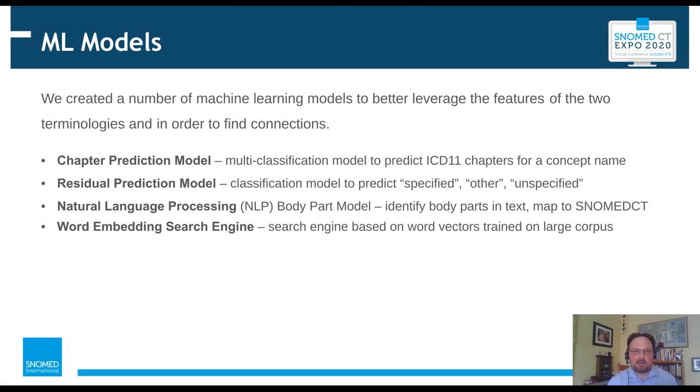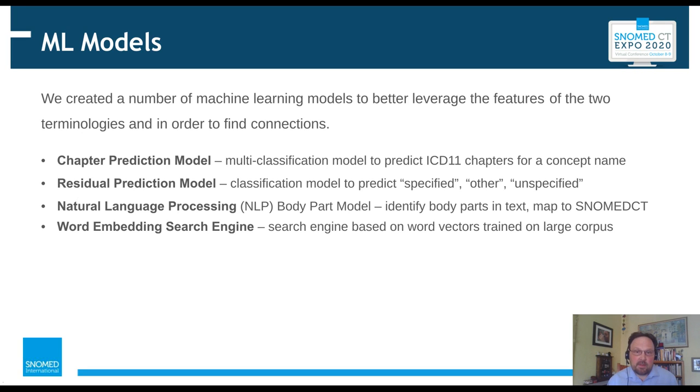We align those body parts with SNOMED body part concepts, and then leverage additionally the SNOMED finding site relationships and things like that. So the goal of this model is essentially to say whether or not a concept on the SNOMED side or the ICD11 side has a body part, and then we can determine whether those body parts are compatible. And the fourth is word embedding mechanism, search engine.